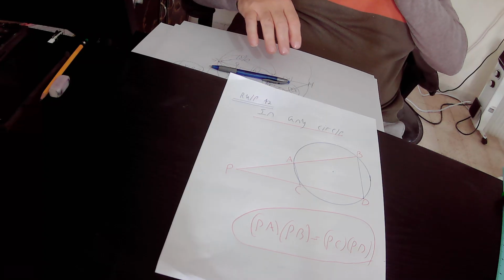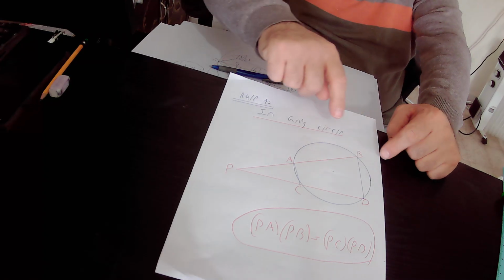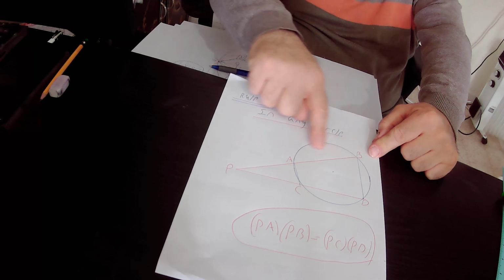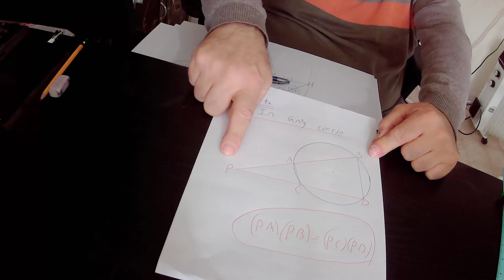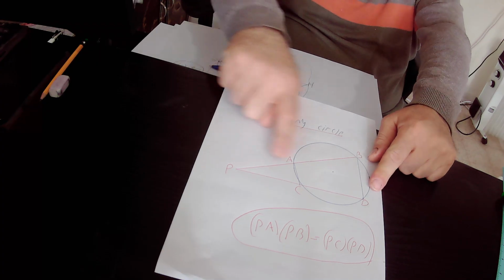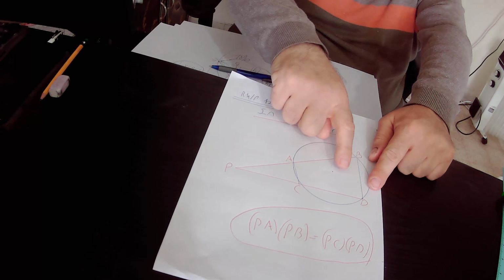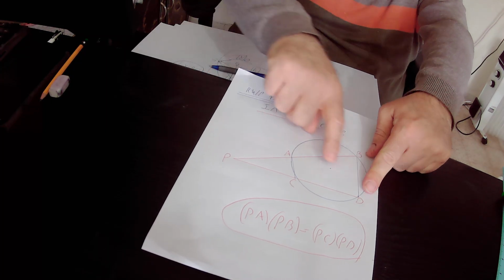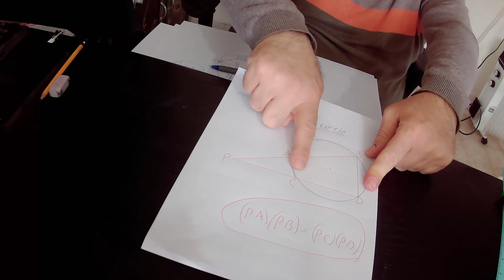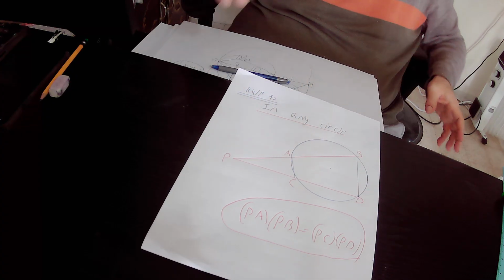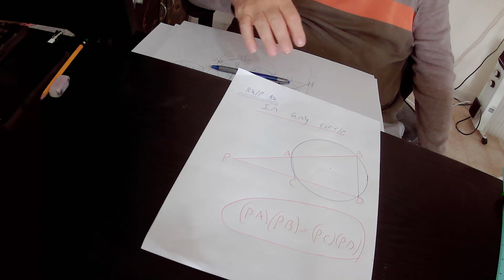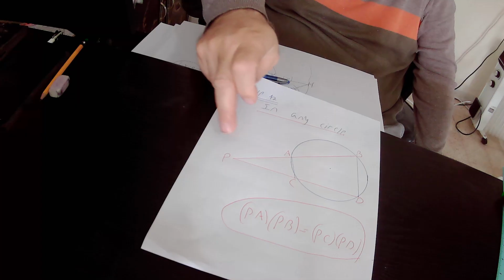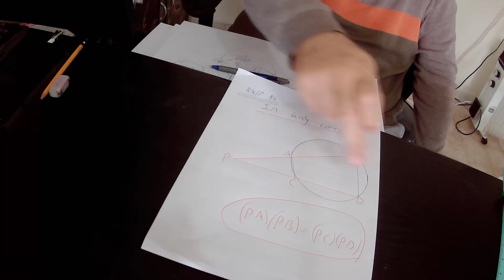So if we have a circle, inside this circle we have quadrilateral BA, the extended chord BA touches point P, and the extended chord DC also touches point P. So in this drawing, the following equation will be true: that PA times PB equals PC times PD. Again, PA times PB equals PC times PD.